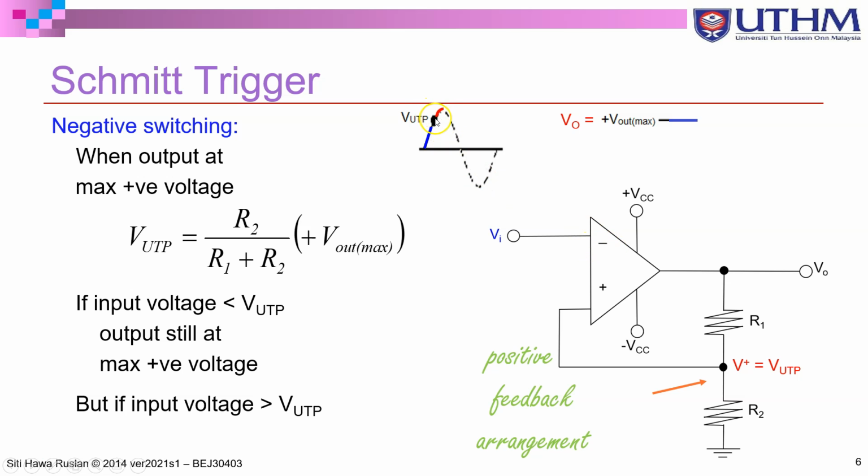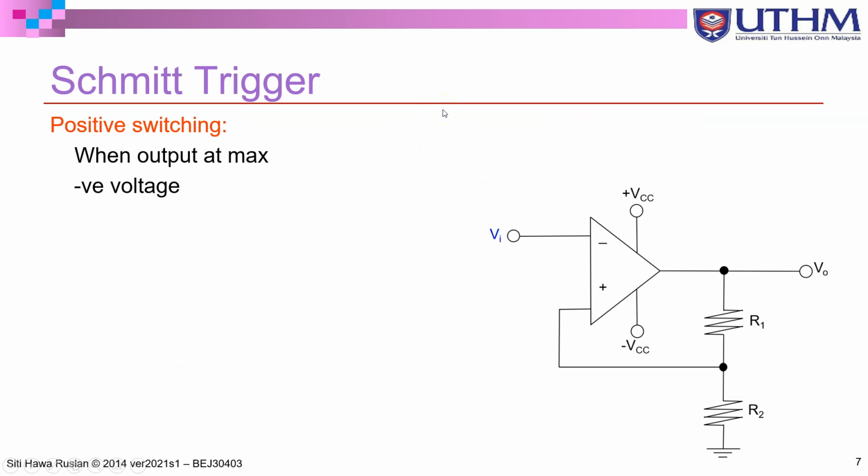So at this point, when Vin is greater than upper threshold point, your output will go to negative V out max or negative VCC. So it will switch, and this output, which is minus VO max, makes the upper threshold become a lower threshold point. So now, once your output becomes negative V out max, what will happen?